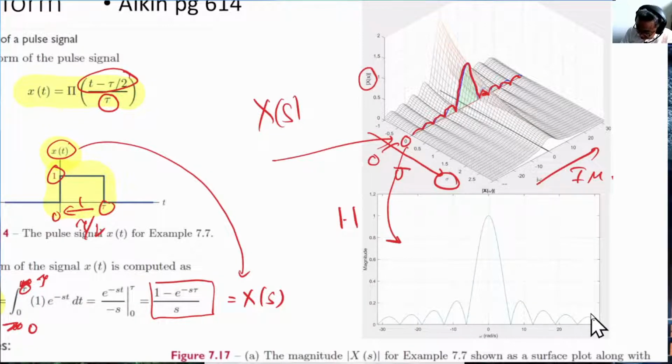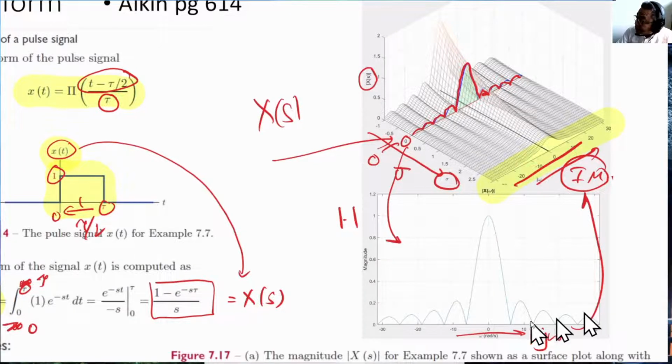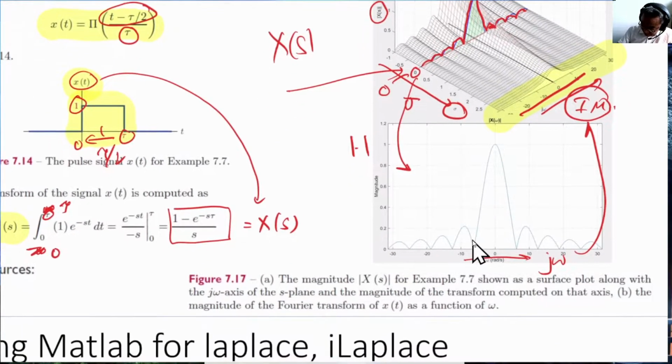You can see that along here, which is omega, is actually along the imaginary axis of s. So this figure and this figure are identical, because the figure at the bottom can be extracted from the top figure. The bottom figure is the Fourier transform of x of t.